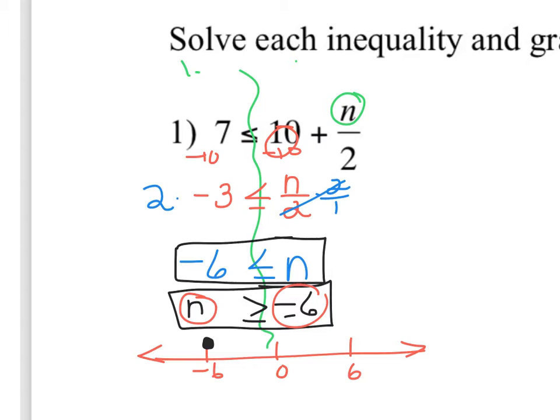And now it's a solid dot, because I have these two parts: n is greater than or equal to. And then I have to look where n is. N is greater than -6, so if it's greater than, my symbol will look like that. This dot here represents the n. All right, so that would be the first one.